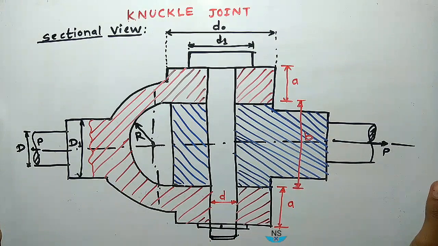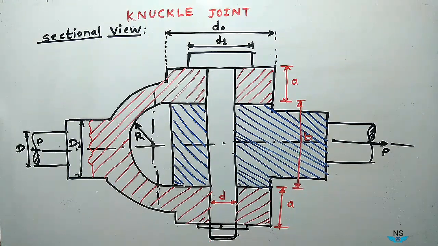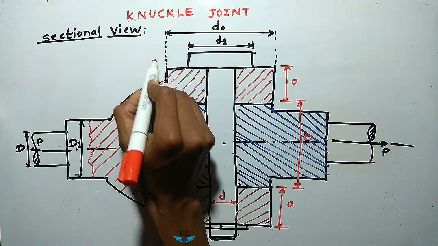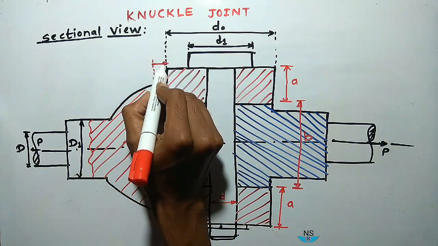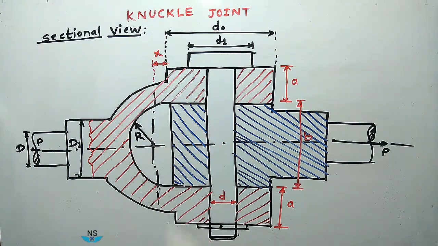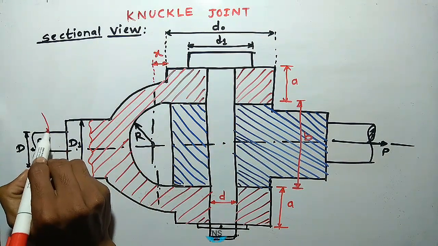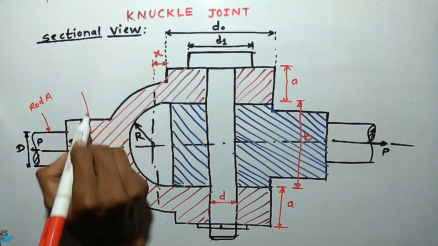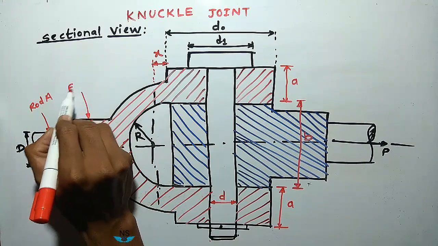So these are the various dimensions. Also this is the radius, and this distance is small x. Now this is rod A. Now this is the enlarged dimension or enlarged part.